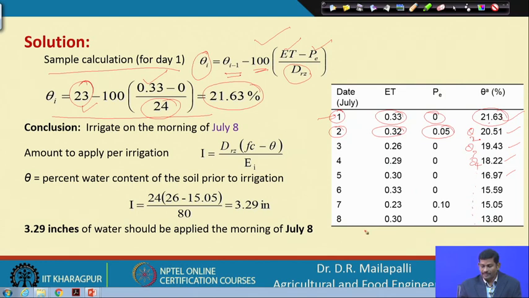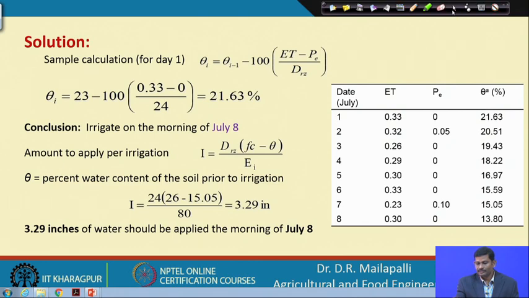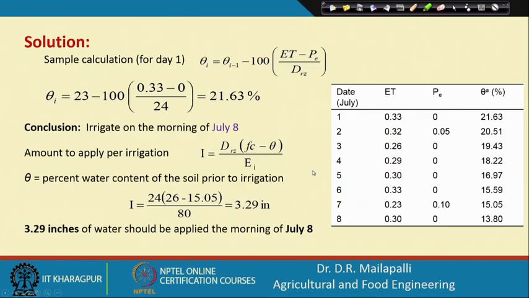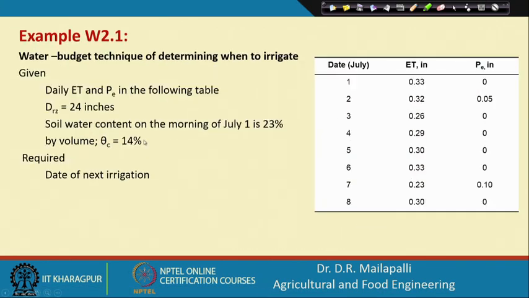And then what is your trigger, theta c? I think that is 14% if I remember correctly. Let me go back and check. Okay, this is 14%, right.